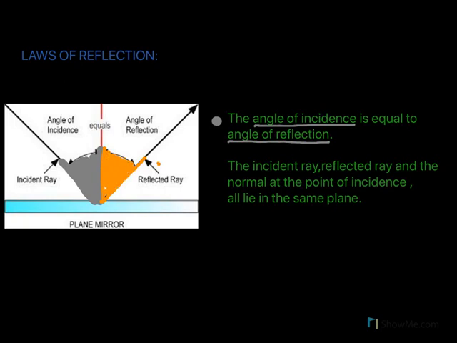So if this is 30 degrees, this also will be 30 degrees. The next law says that the incident ray, the reflected ray, and the normal at the point of incidence all lie in one plane.